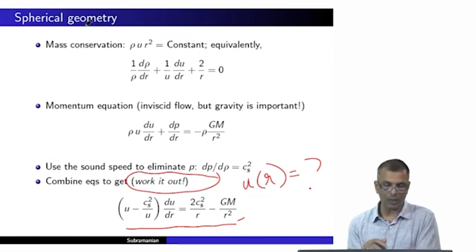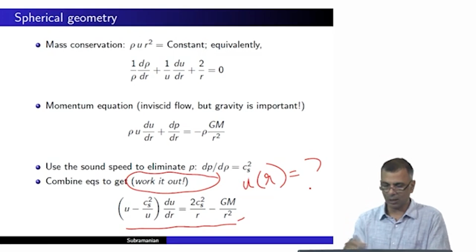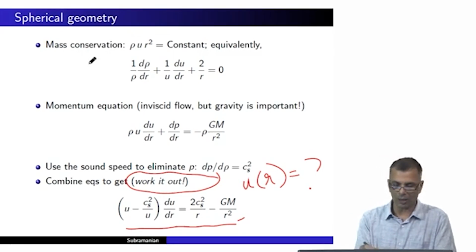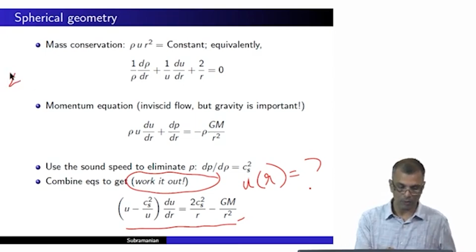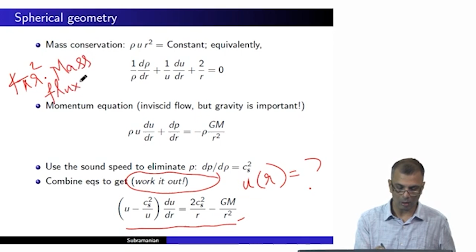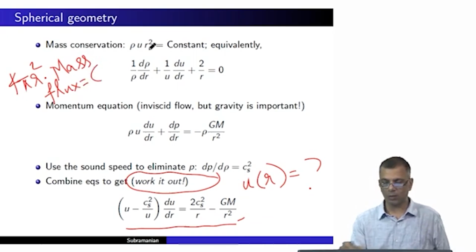Why is this spherically symmetric? Well, the conservation of mass essentially arises from 4 pi r squared times rho u equals a constant. That's where you got this, right?